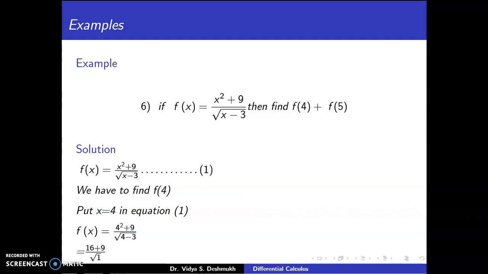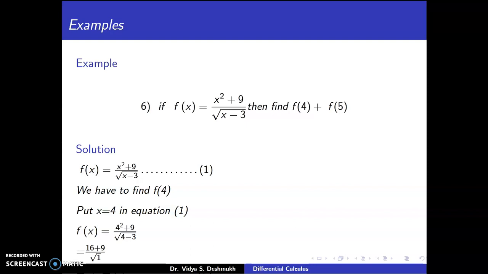That function f of x is equals to x square plus 9 upon under the root x minus 3. Then find f of 4 plus f of 5 is the question. Okay, so in the solution, write down first of all the function f of x is equals to x square plus 9 upon under the root of x minus 3, that is your equation 1.